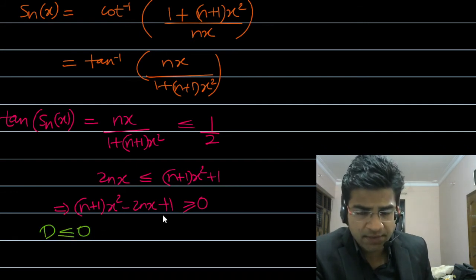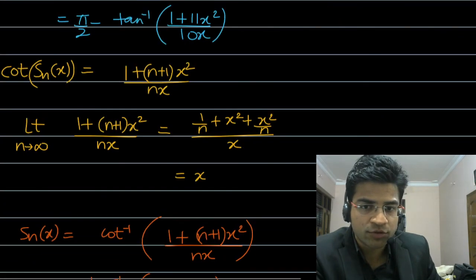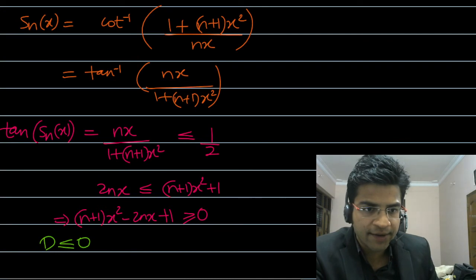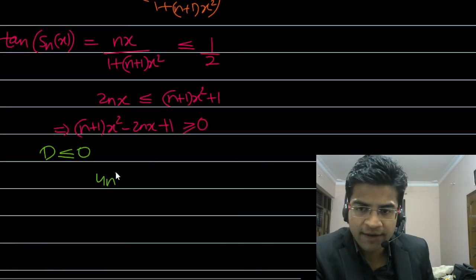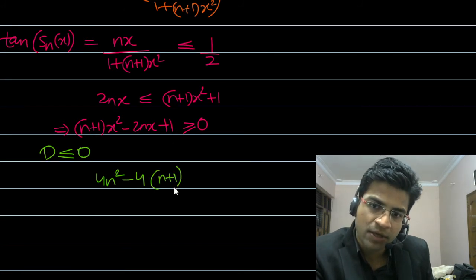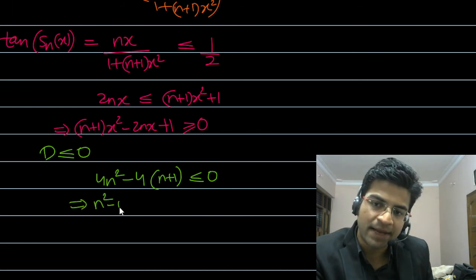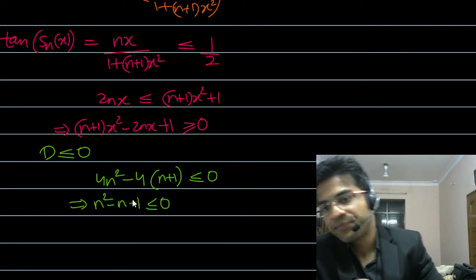And what is its discriminant? Its discriminant is (2n) whole square, that is 4n square, minus 4AC. Now A is n plus 1 and C is 1, so 4(n plus 1). This should be less than or equal to 0, isn't it? From this you get n square minus n minus 1 less than or equal to 0. Now just think for a moment.